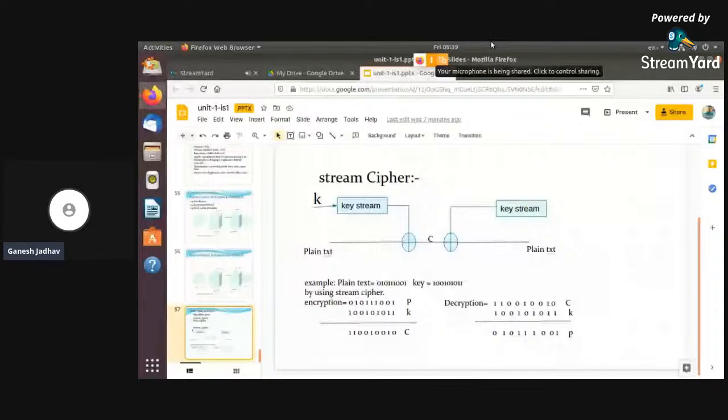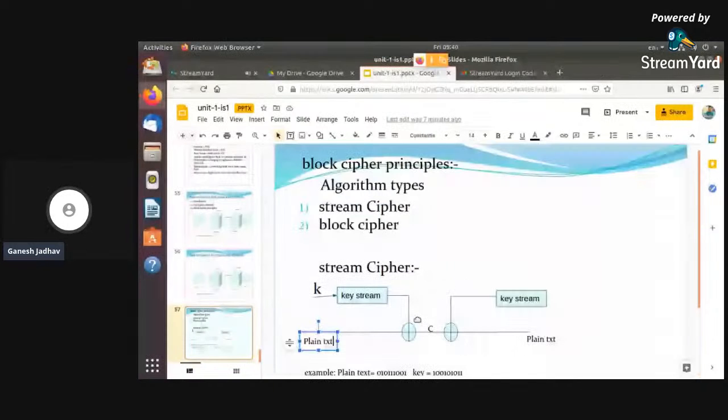The process between the plain text and the secret key uses the encryption algorithm, and the output is the ciphertext. So we can say that this is the stream cipher.